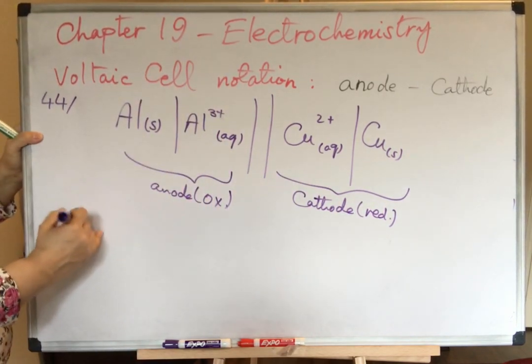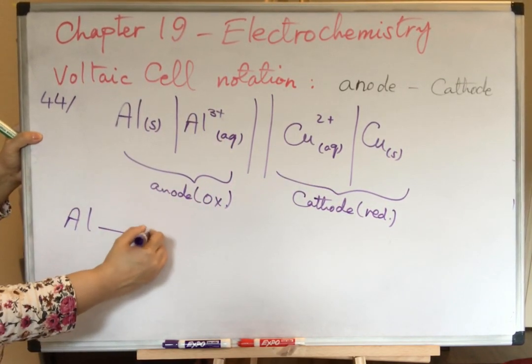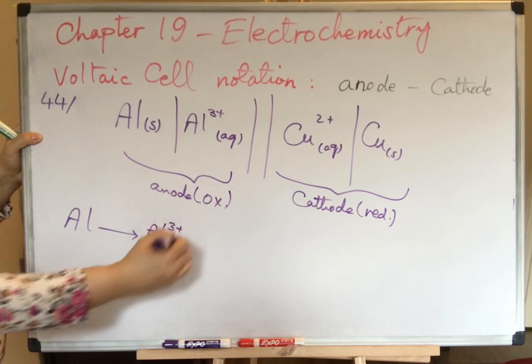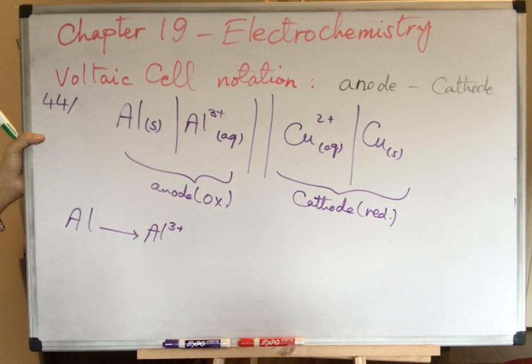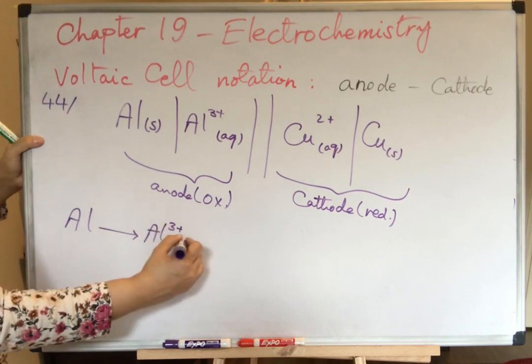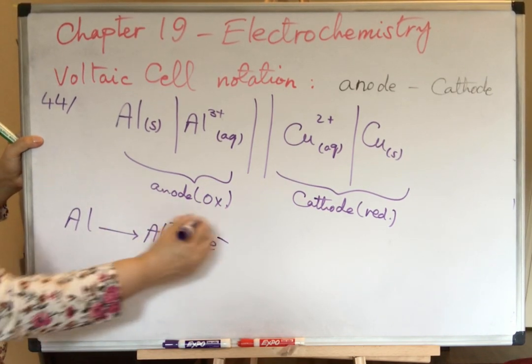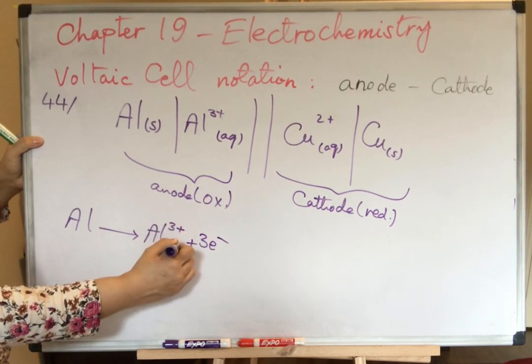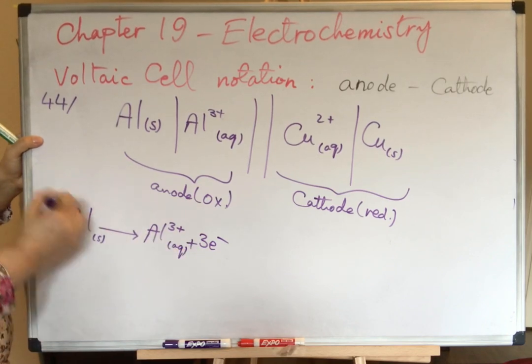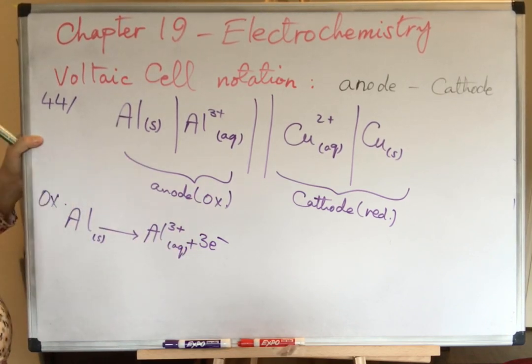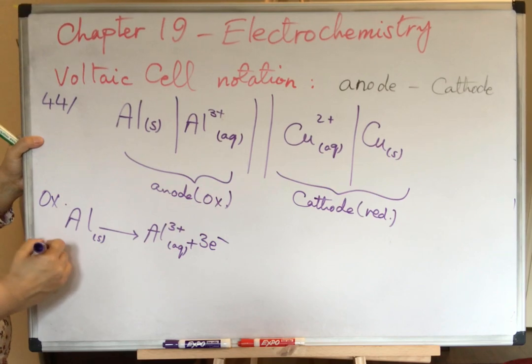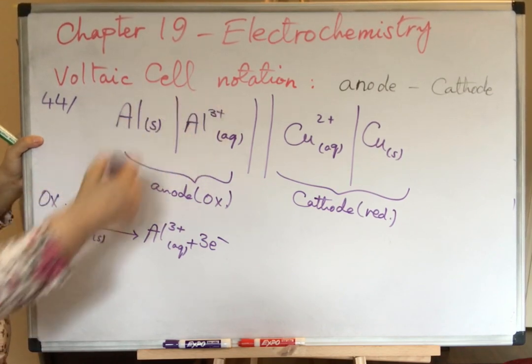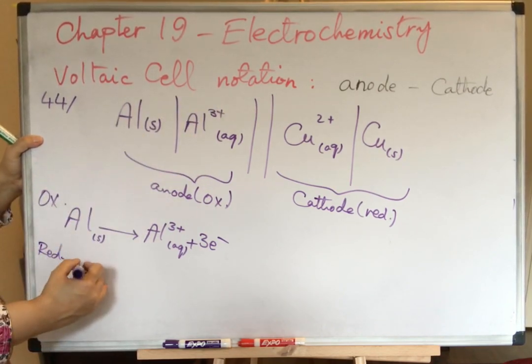So you have aluminum to aluminum 3 plus, and 3 electrons are released. That's the oxidation half reaction. Excuse me. And what do you have on the reduction, on the cathode?